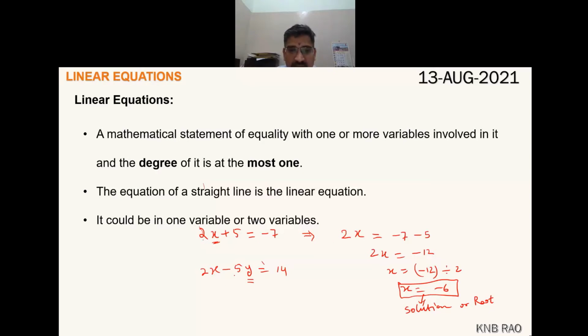Whereas here I have two variables. Which are the two variables? x and y. Here 2 is called the coefficient of x, whereas minus 5 is the coefficient of y, and 14 is the constant. Remember children, solving this is the important learning which you are going to have in class 9th.